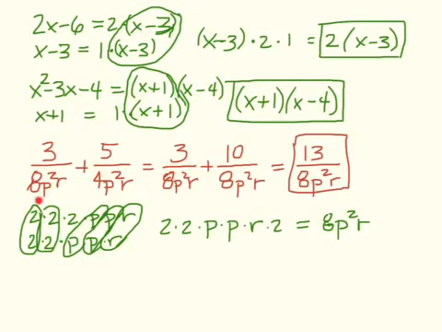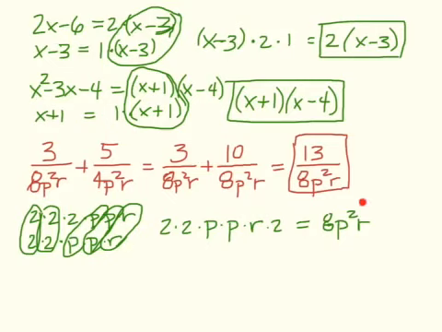First factor 8p squared r, that's 2 times 2 times 2 times p times r. 4p squared r is 2 times 2 times p times r. Circle the numbers that are in common. That's a 2, a 2, a p, and an r. So I wrote those down right there. And then the only other thing that wasn't circled was this 2 right here, and I put that right there. And now I multiply. 2 times 2 times 2 is 8. P times p is p squared, and the r.